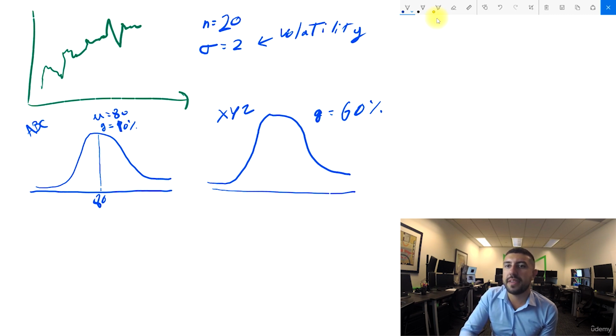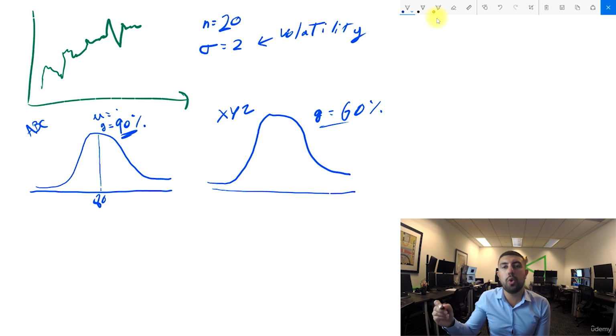Let's say you have 90%. If there are these two classes, and one student here has 90% and one student here has 60%, does that mean this student is better than this student because he has 90 and he has 60? No. A grade by itself doesn't mean anything, the same as the price of a stock by itself doesn't mean anything. What you have to do is compare that grade with the group.